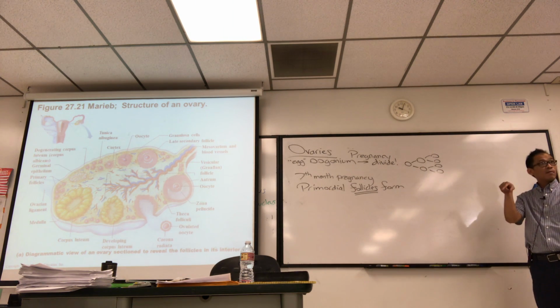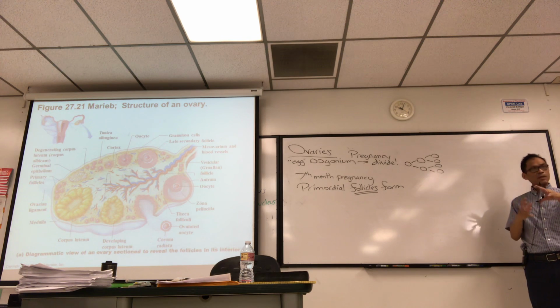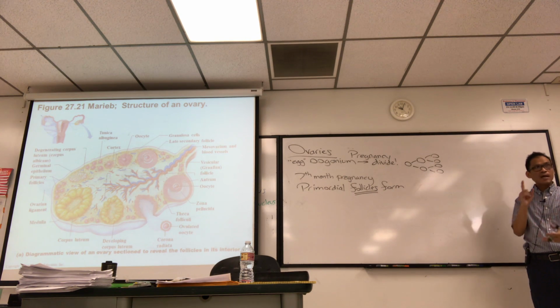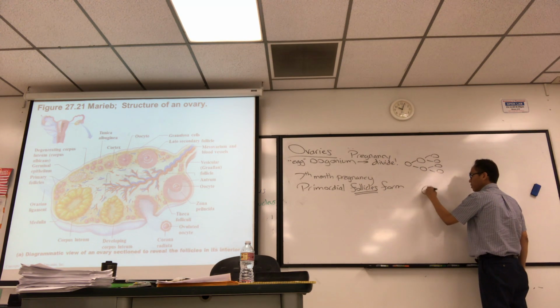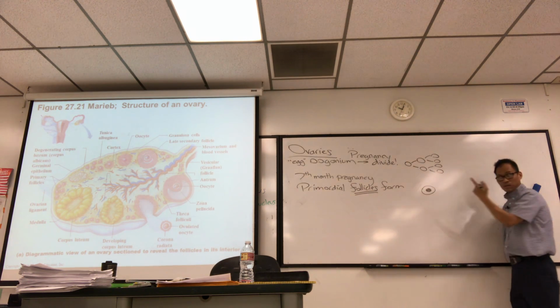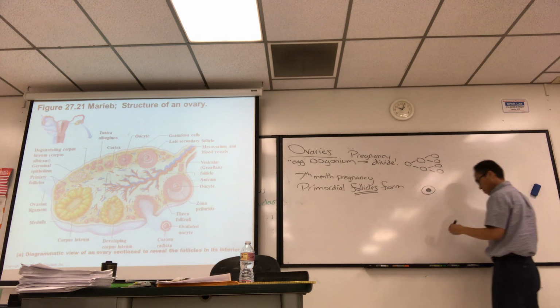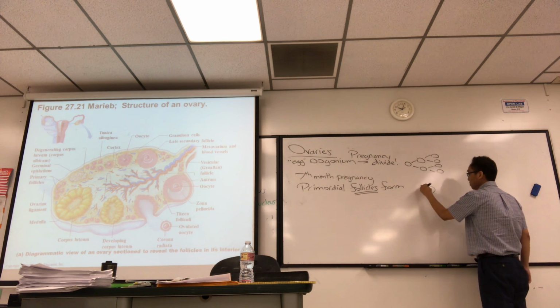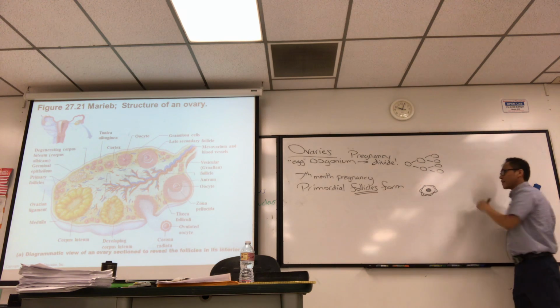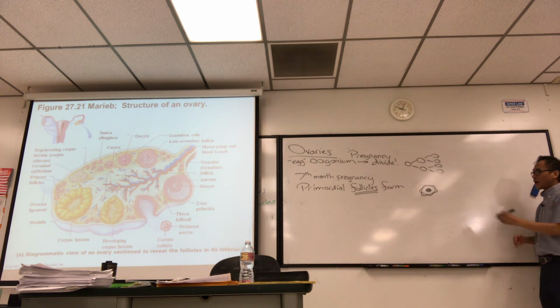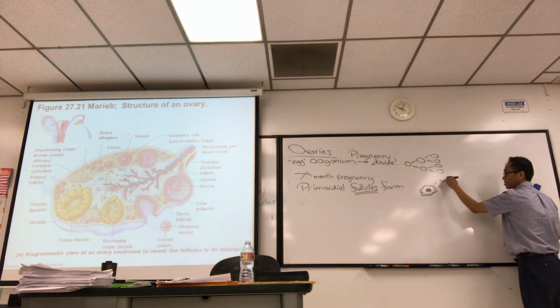You expect jelly in the middle. That's what a follicle is. There's something in the middle of a structure. In this case, it's the egg, the oogonium, okay? And there's a wall of cells that form around it. A primordial follicle has the oogonium, it's one cell, surrounded by many cells. So I'll draw like many flat squamous cells. That's a primordial follicle. It's surrounded by what are squamous cells.